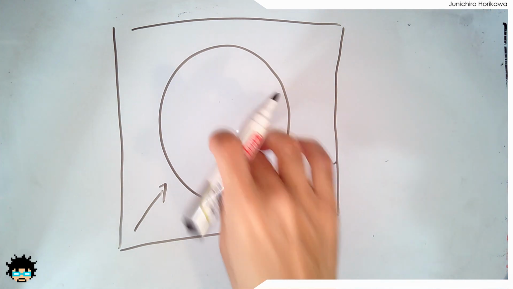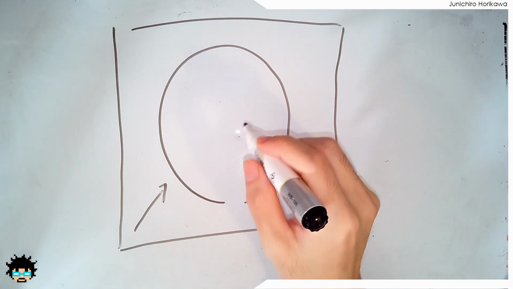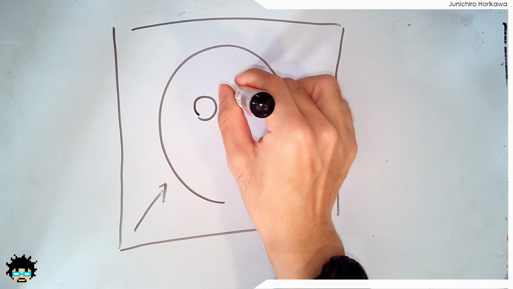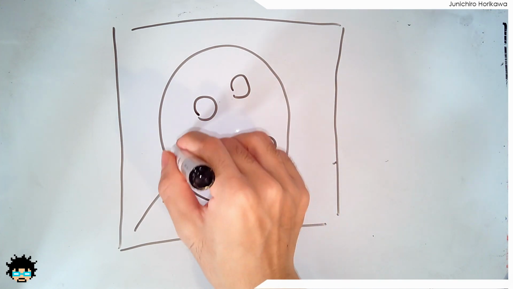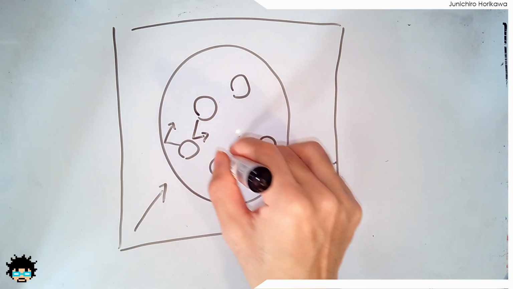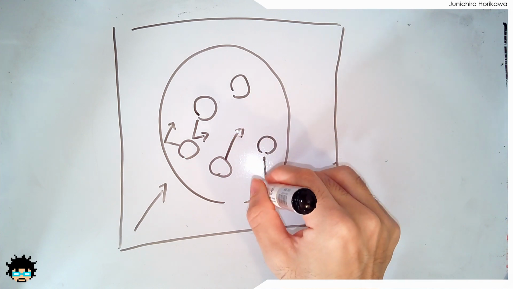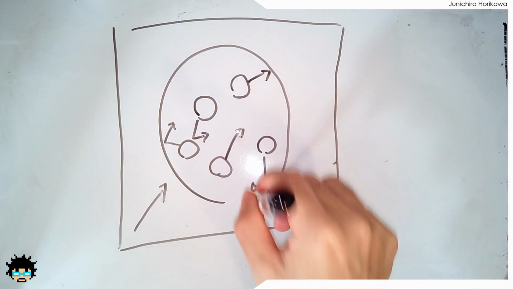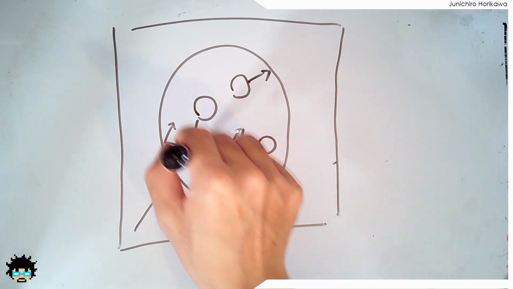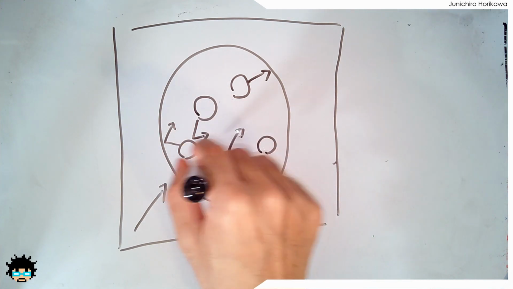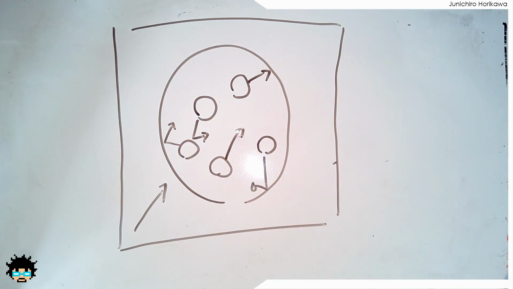And inside this sphere, inside the ball, you have multiple other balls which bounce within this boundary, while also bouncing between the other balls as well.